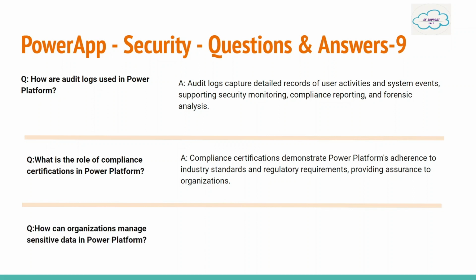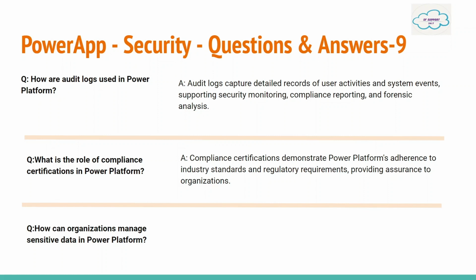Because some financial institutions require SOC 2 kind of certification. If it is a healthcare application, they require HIPAA certification. If it is a payment card or credit card or any payment, they require PCI compliance regulatory requirements. So to answer that question, Power Platform supports different compliance mechanisms.